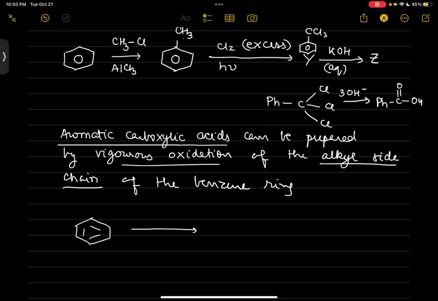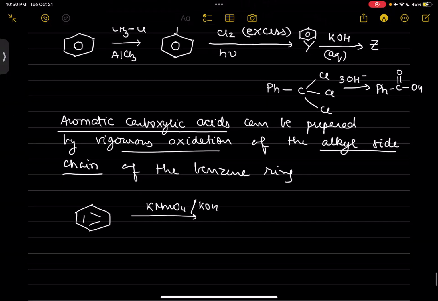Okay. And that happens with KMnO4 in basic medium. Alkaline potassium permanganate or K2Cr2O7. Any one of the oxidizing agents you can take. This is the alkyl side chain.